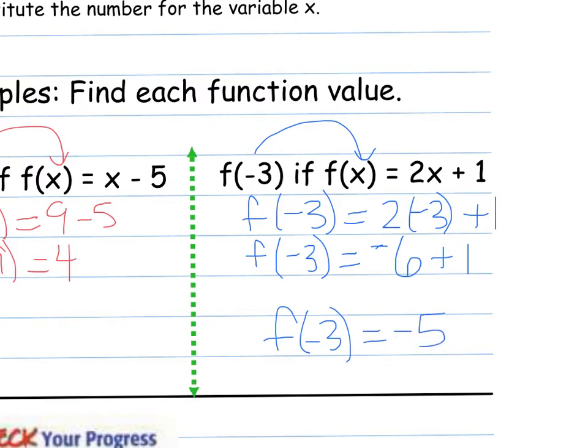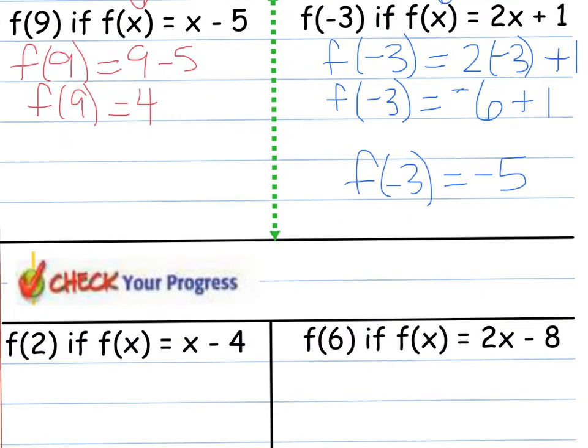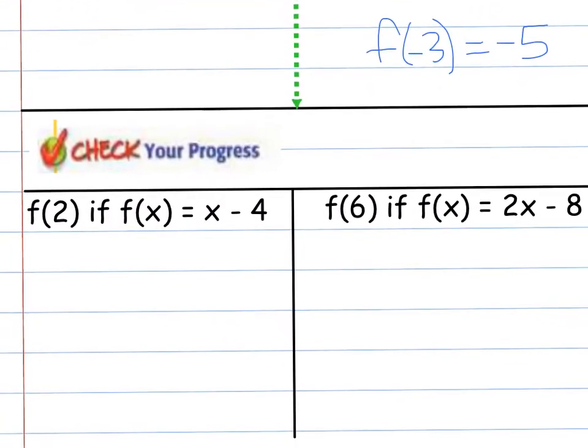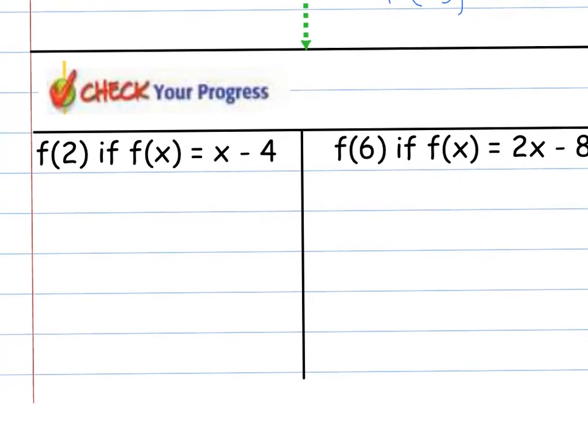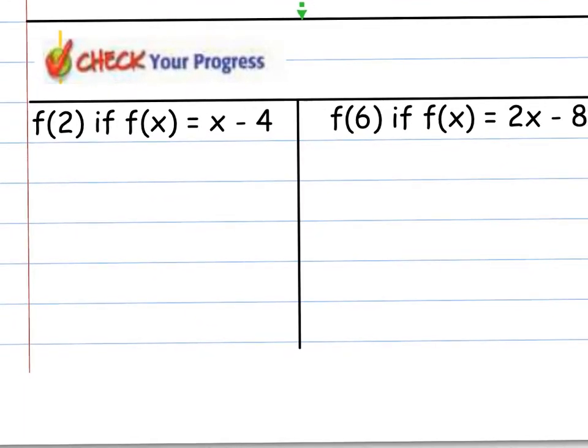It's really that easy. So you could pause here, check, and then come back and check the answers for these two examples. They're also in your textbook. I would suggest pausing and coming back.